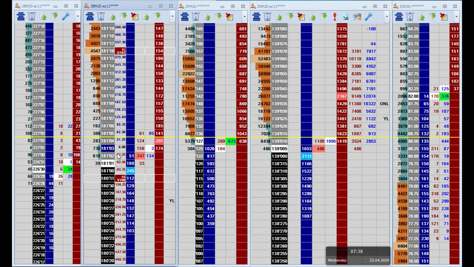In the back of my mind, though, I know that 10-9, that's right where resistance would be. So kind of keeping an eye on it. I think I would manage that trade. And if we get some pushback at that level, then I would go ahead and just take it off. But you can see the selling is kind of abated a little bit. It's not as aggressive as it was.